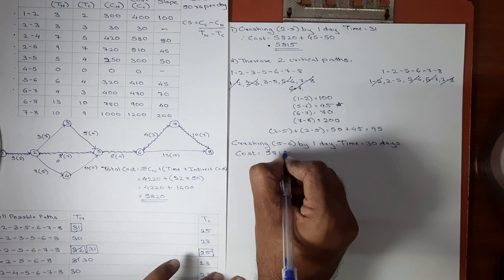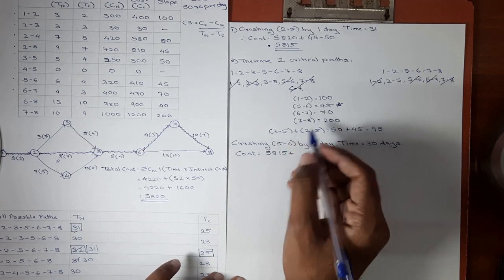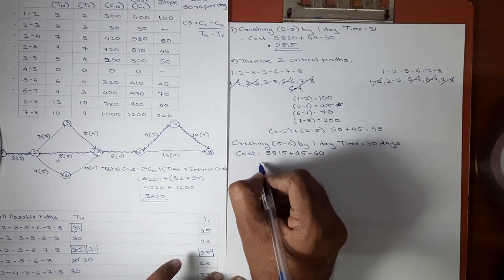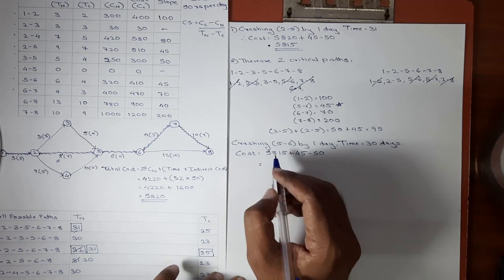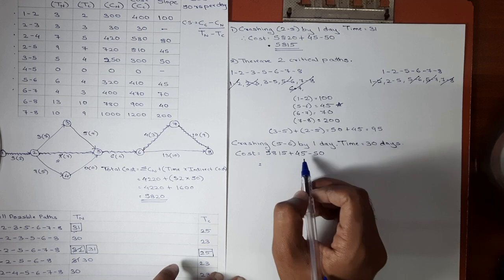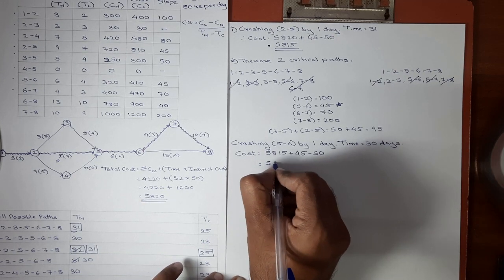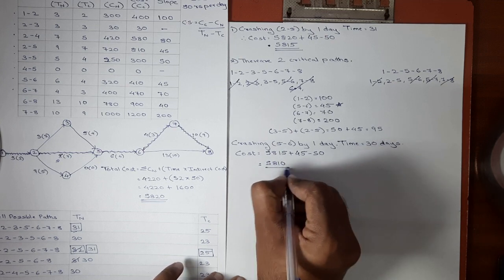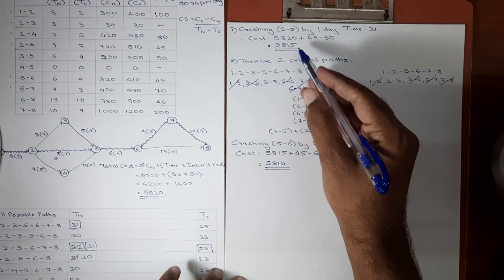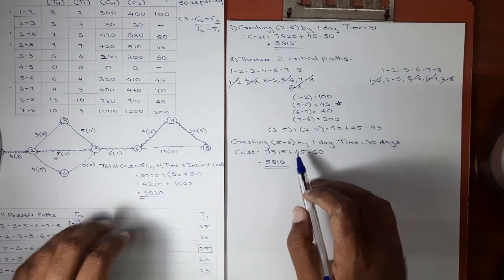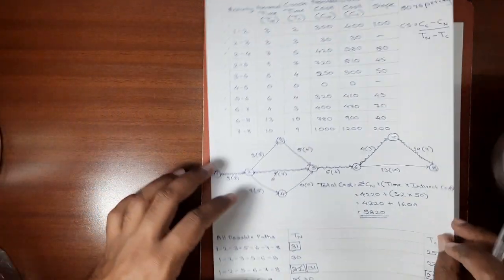Total cost will be 5815 plus cost slope of 5, 6 is 45 minus indirect cost of one day, which is 50. 5815 plus 45 minus 50, we get the answer as 5810. Again, the cost is reduced from 5815 to 5810. Activity 5, 6 was crashed by one day. We'll just update it in the network diagram.